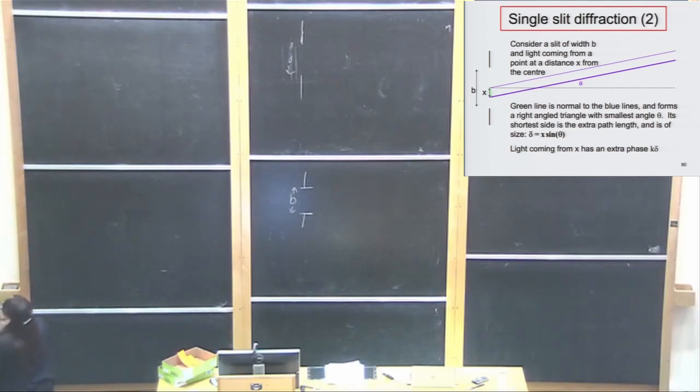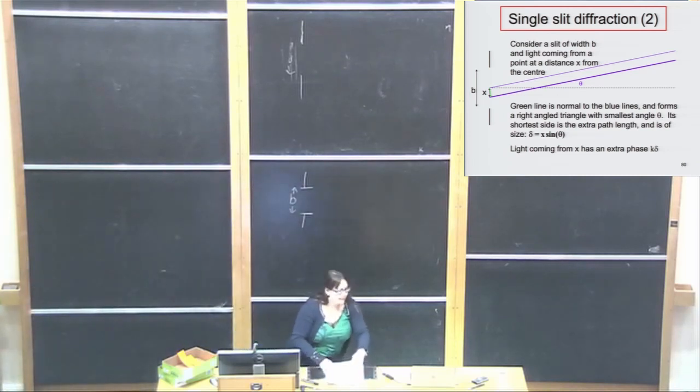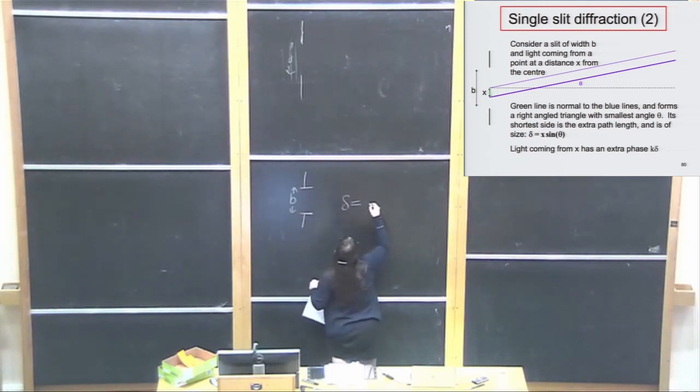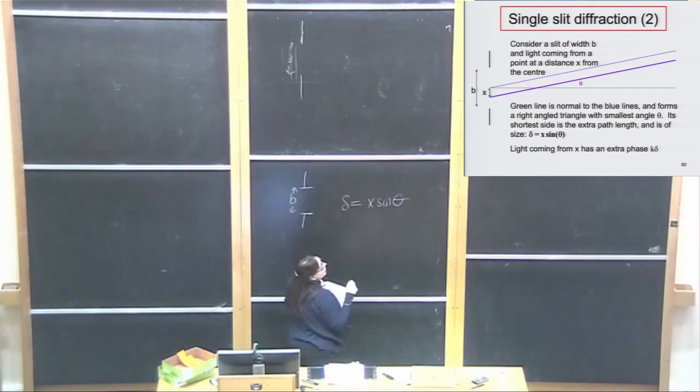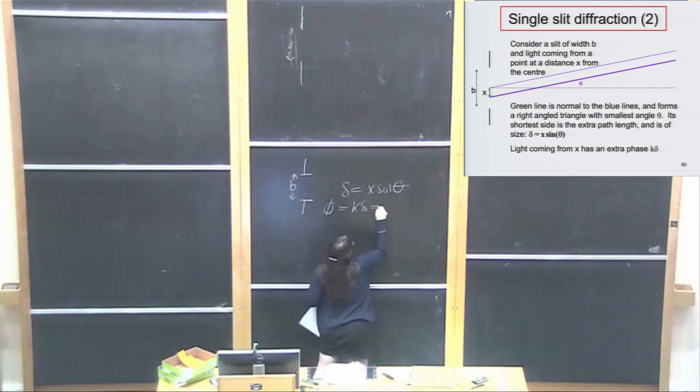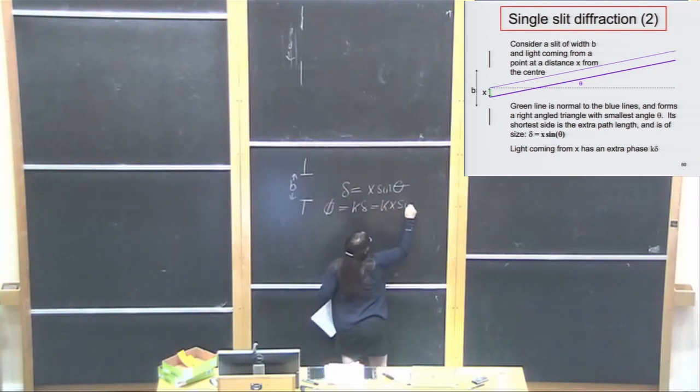So this looks very much like the two-slit diagram, where our two point sources are separated by this variable x now rather than the constant d. But that means that the maths is completely the same. So we've got a path difference of x sine theta between the rays coming from these two point sources, or a phase difference of k delta, which equals k x sine theta.